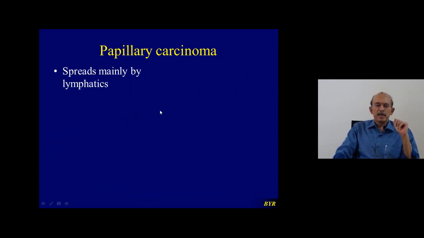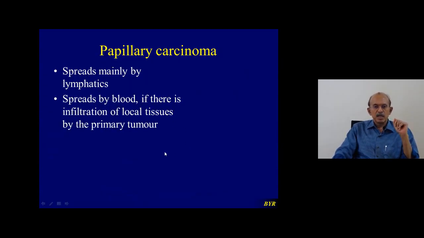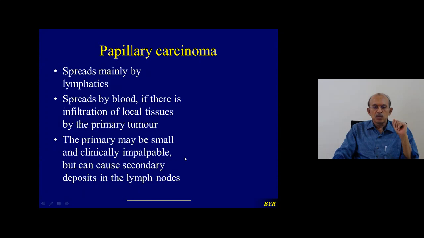It spreads mainly by lymphatics, and spreads by blood if there is infiltration of the local tissues by the primary tumor. The primary may be small and clinically impalpable, but can cause secondary deposits in the lymph nodes. What do you call this condition? Yesterday I told you.